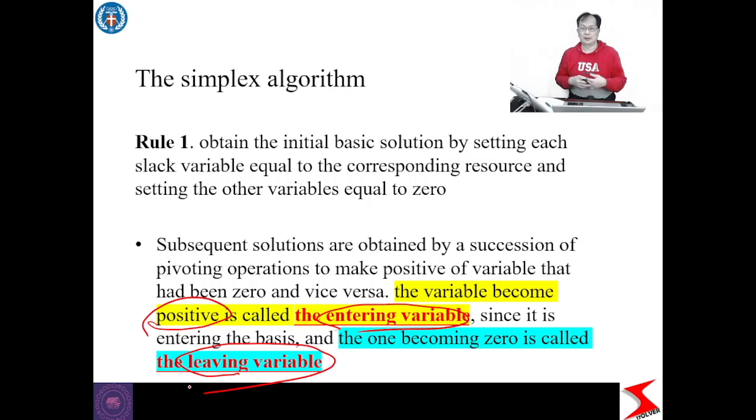Each time we have a basis. For example, the first basis is s1, s2, and s3, and we try to let x1 or x2 into the basis to become a basic variable. If one becomes basic, then we need to leave out a slack, which becomes non-basic. That's the concept of entering and leaving.